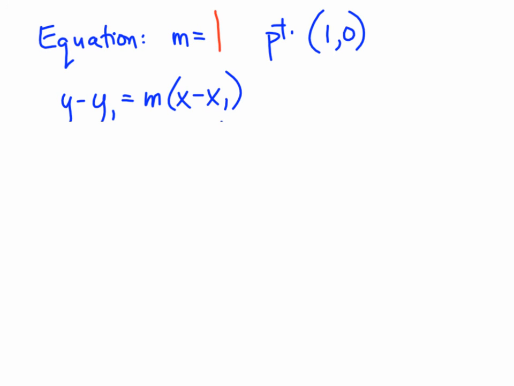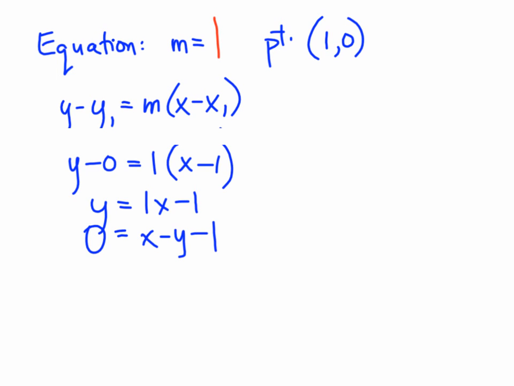Substitute these values into the expression for the equation. Writing it in standard form with the x value being positive. So I get 0 equals x minus y minus 1.